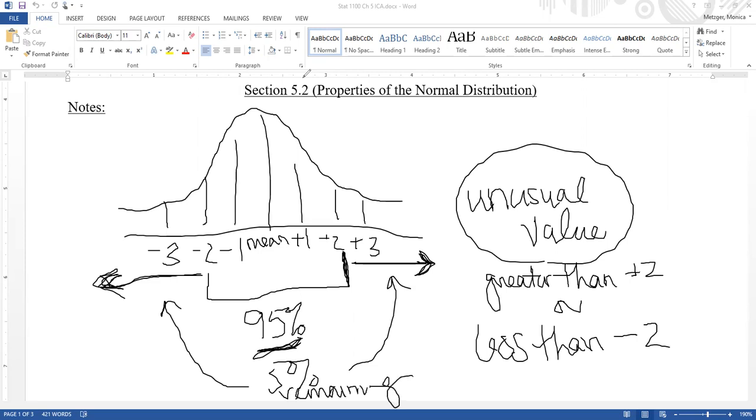And if only 5% of a data value has some characteristic, we would assume in general for that to be unusual. The same with a curve.